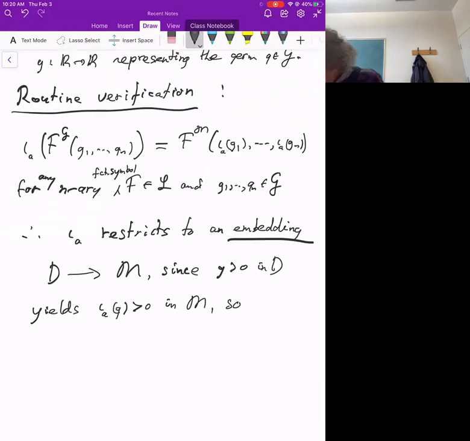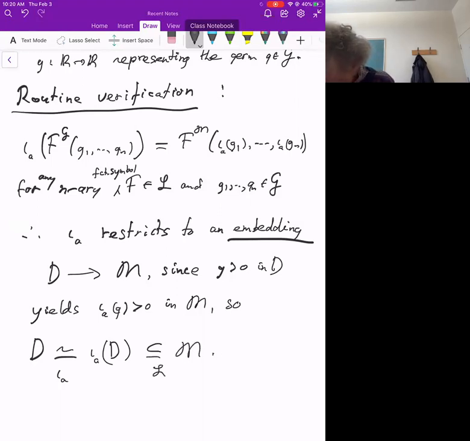Okay. So D is then isomorphic via this iota A to its image in M, this is now an L substructure of M.